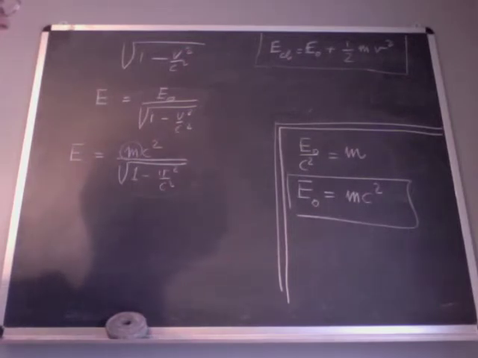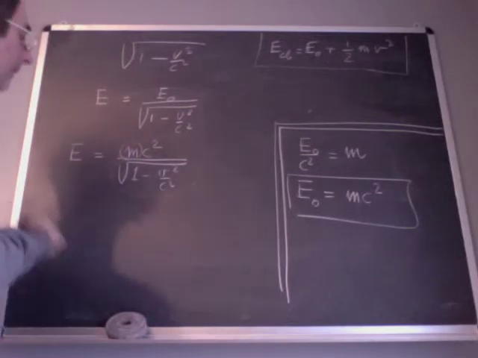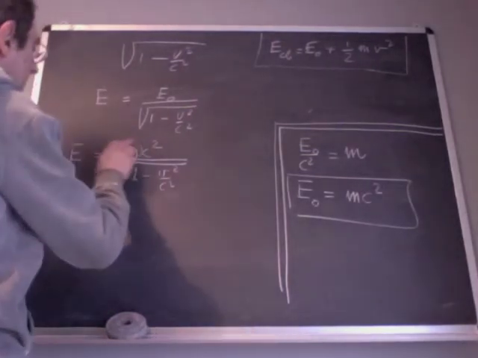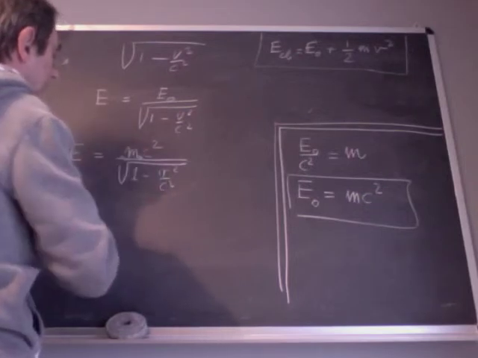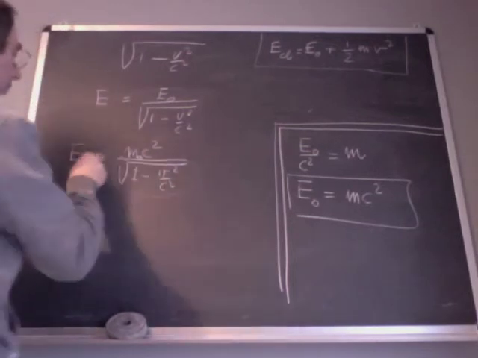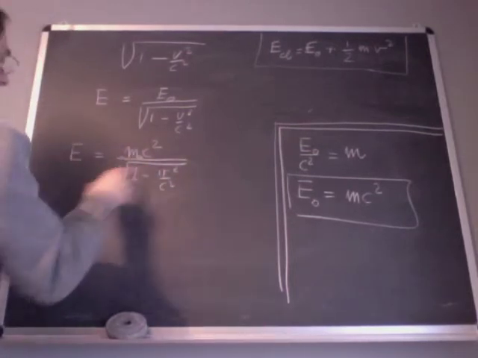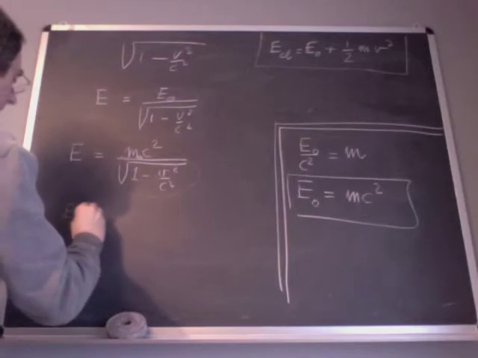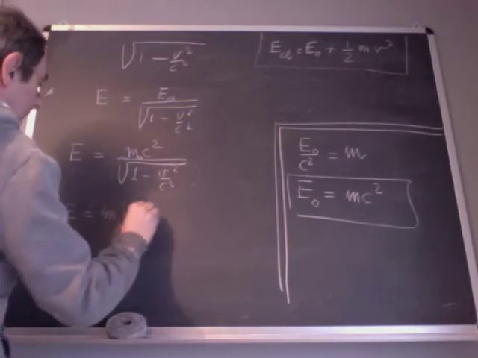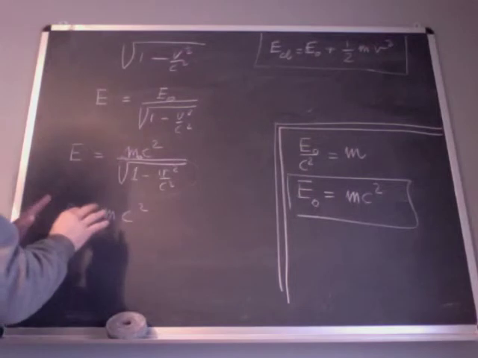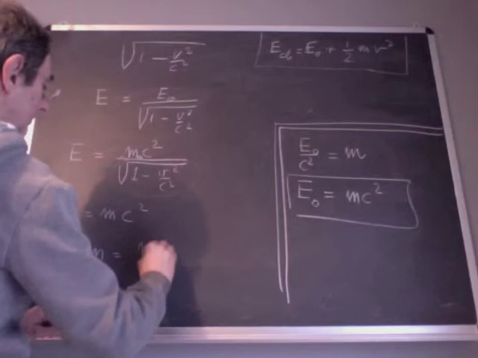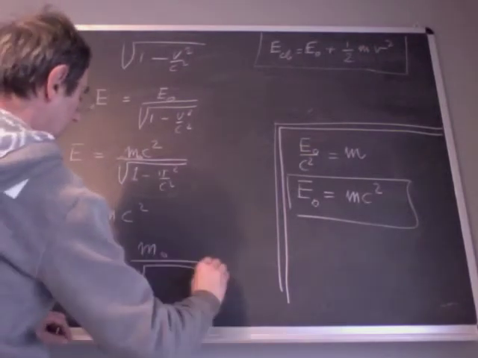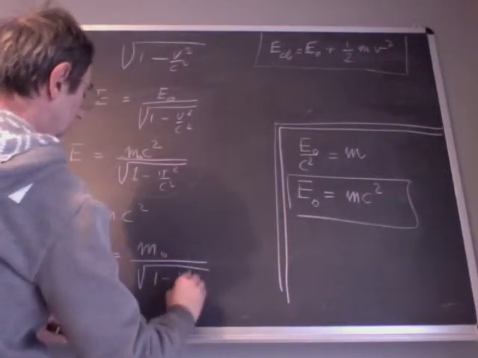What people mean when they say the mass increases is that they call the rest mass m0, and then they say that you could write this expression like this: E equals mc square, where m is equal to m0 divided by the square root of 1 minus v square over c square.